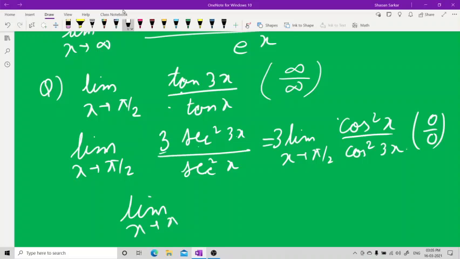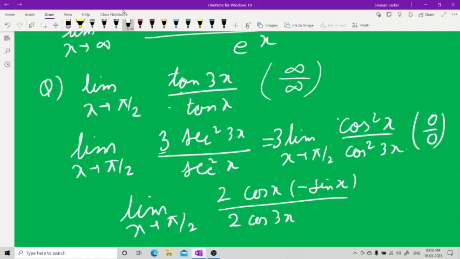Limit x tending to pi by 2, 2 cos x into minus sin x upon 2 cos 3x into minus sin 3x, and then into 3 by chain rule.